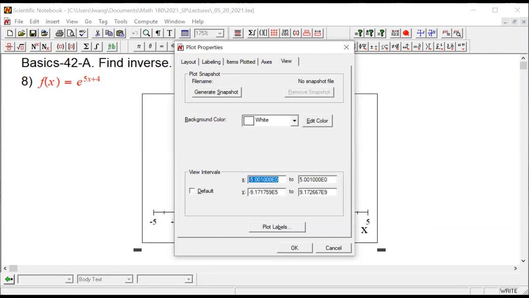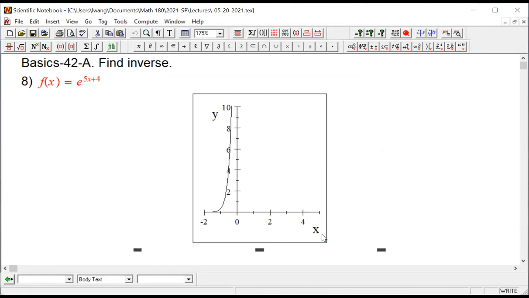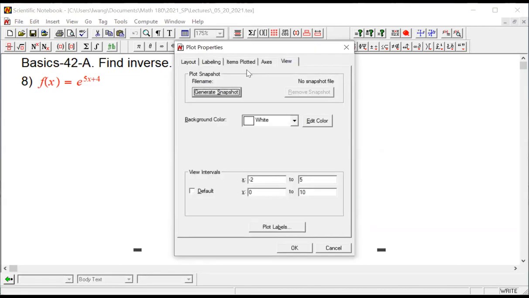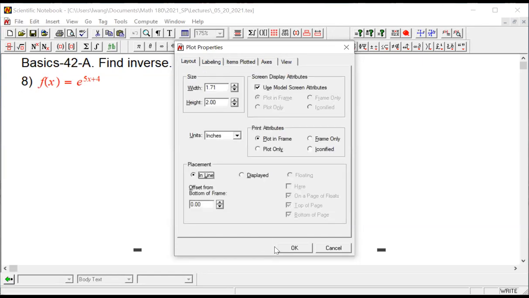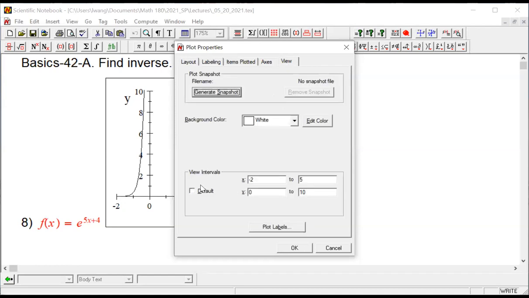Obviously there's a lot of shift to the left, which is expected. With the convenience of modern technology, you can quickly decide whether this one has an inverse or not.